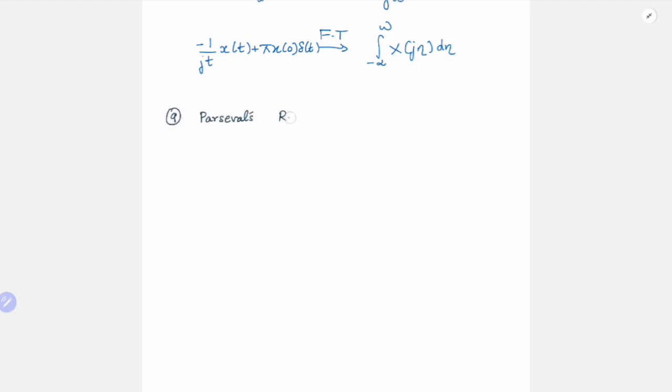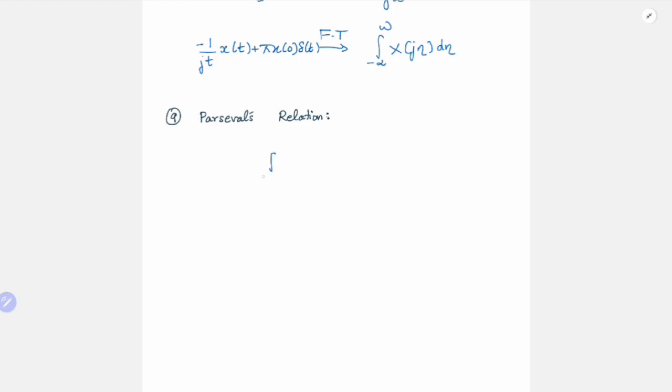Parseval's relation. Again, what did we say it for the Fourier series? The total energy in the time component is equal to the total energy in the frequency component. It was actually the summation of the energy in each frequency component, or each harmonic, right?